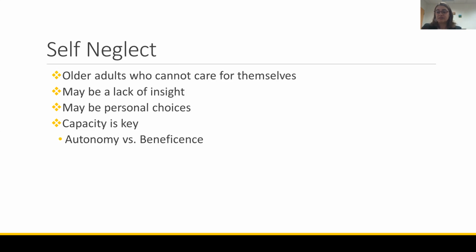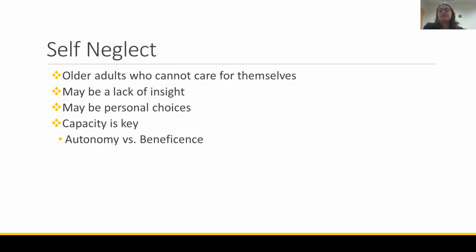So what we often see is an urge to get them care, get them things that they may not want. And you really have to balance the patient's right to self-determination. And one of those is the right to risk and to make choices that we would see as not necessarily ideal. And so what this often comes down to as providers is looking at capacity.